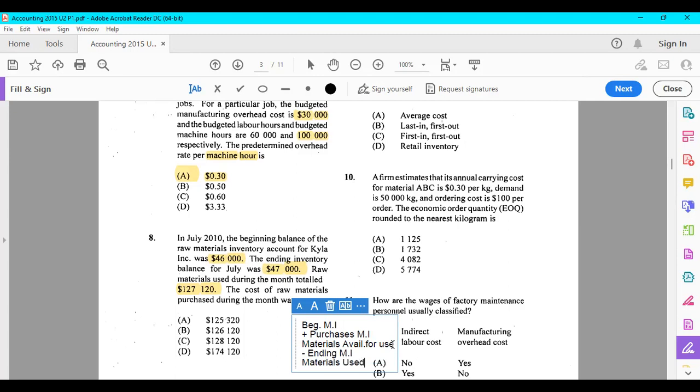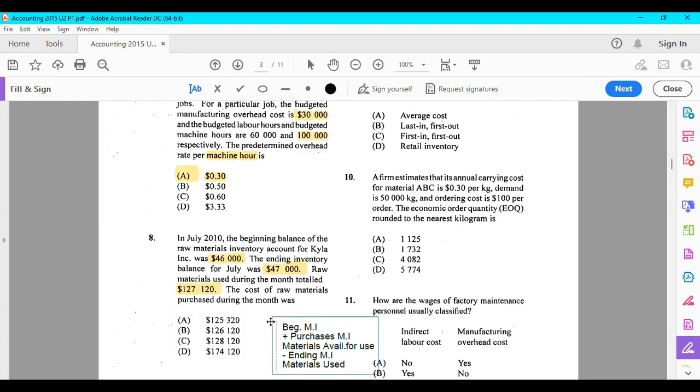Right? Let's plug in what we have and solve for what we don't have. That's basically all we're doing right here. So we know that beginning material inventory is $46,000. Cool. We know that purchases, well, we don't know. That's what they're asking us to find. So question mark.